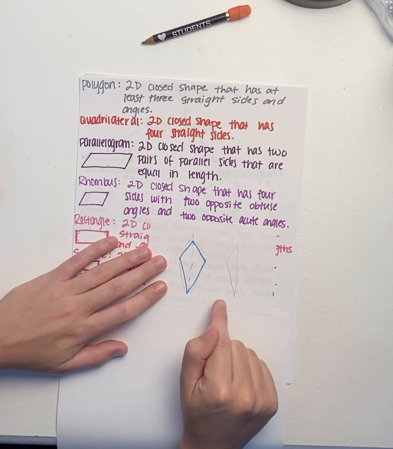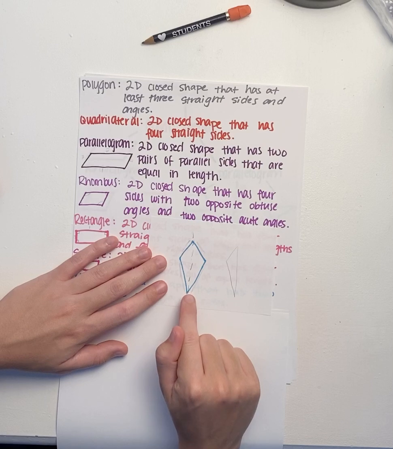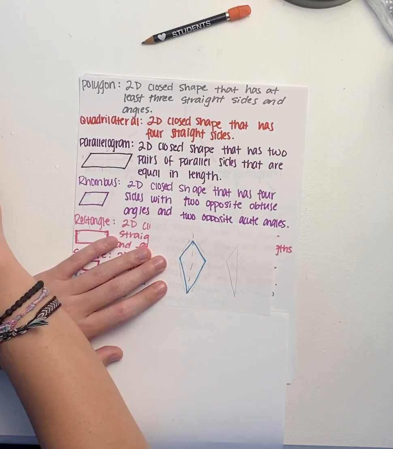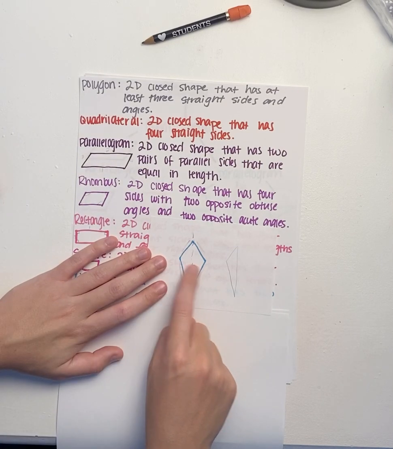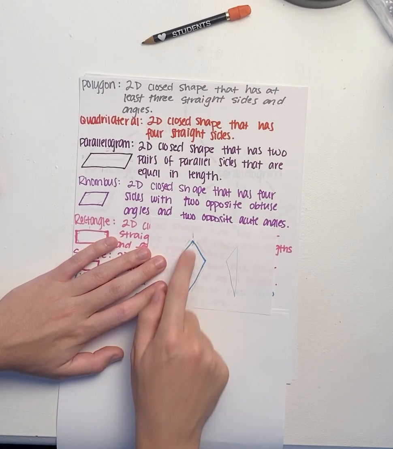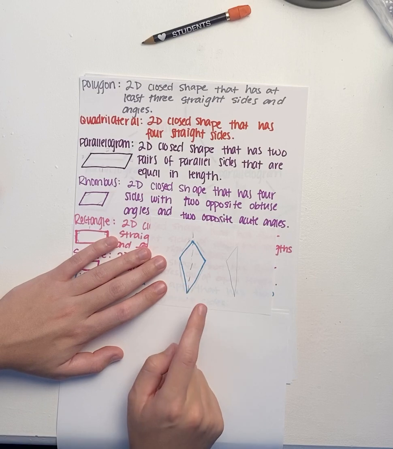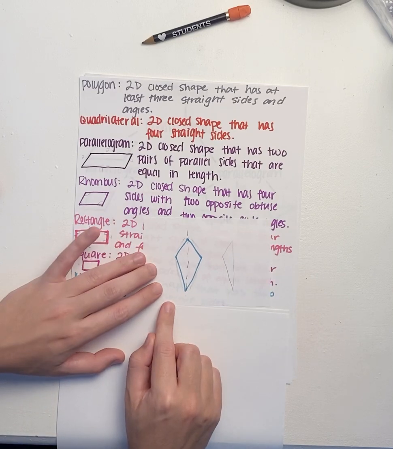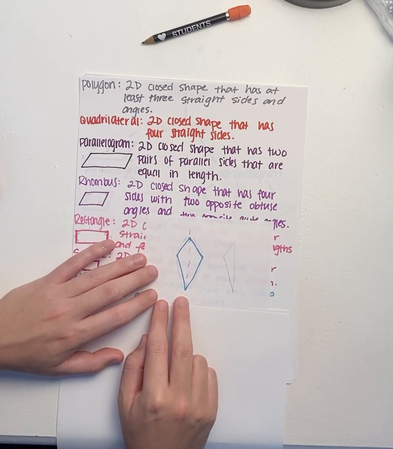This tells us that a kite is a geometric figure, because both of these sides are equivalent to one another and are mirror images if you were to flip it across the y-axis here.